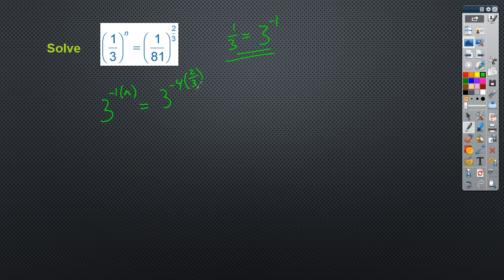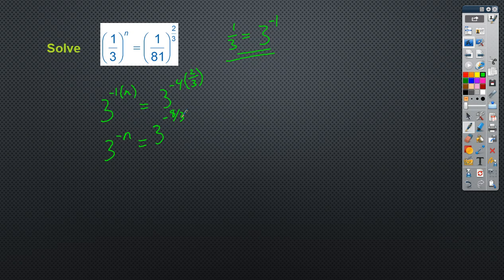I can go ahead and multiply things out. I get 3 to the negative n is equal to 3 to the negative 8/3. Again, what I'm really going to do is take the log base 3 of both sides.